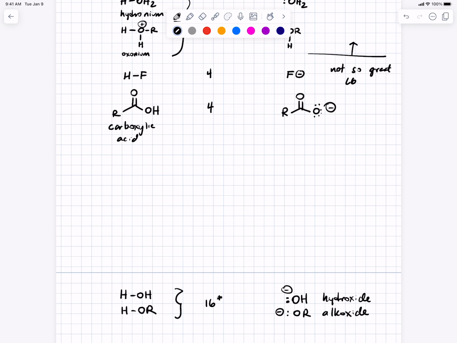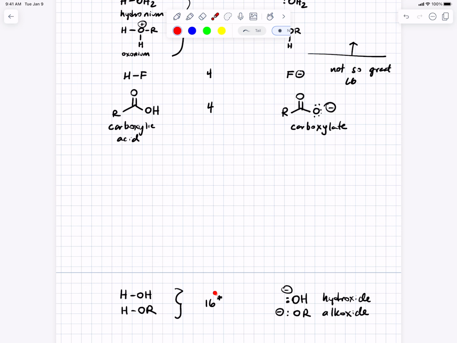Now, some of you may have looked at that and said, hold on, that's just an alcohol. But it's different because of its structure. Alcohols don't have carbon-oxygen double bonds attached to the carbon that's attached to the oxygen.